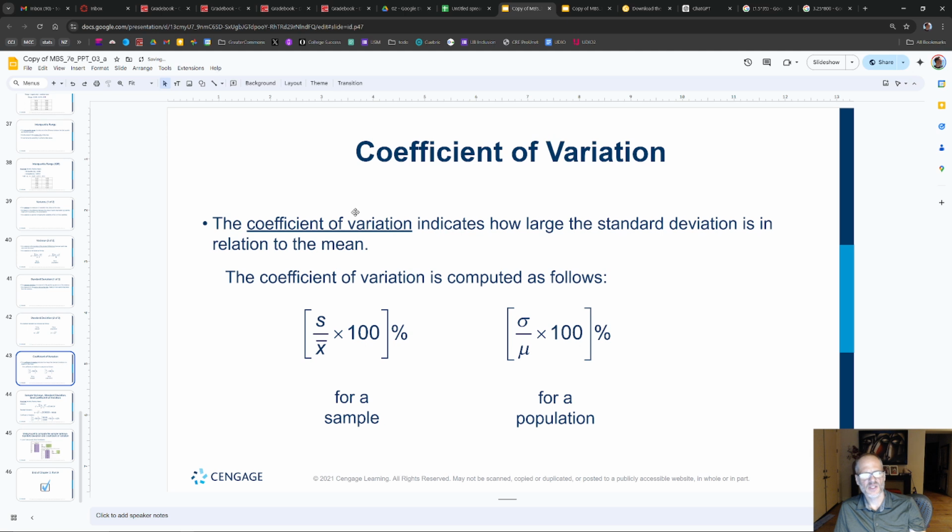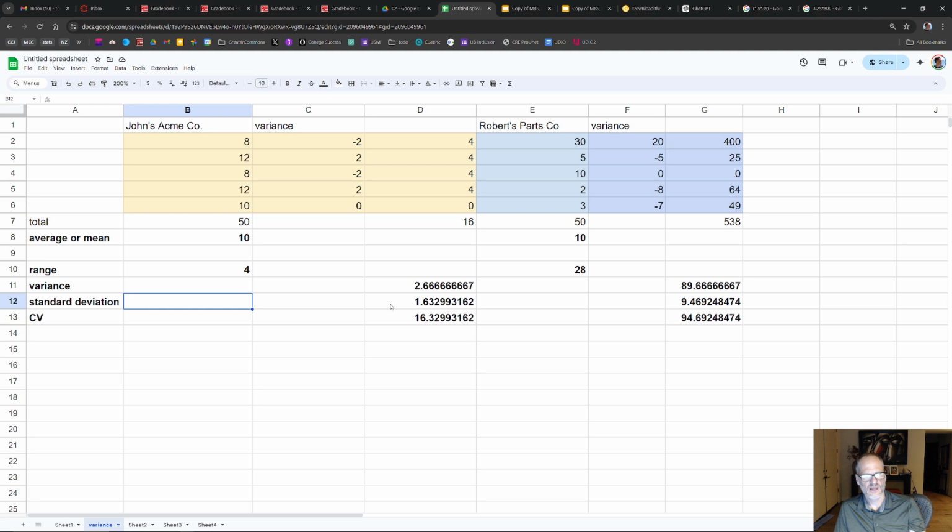And then the coefficient of variation indicates how large the standard deviation is in relation to the mean. So the coefficient of variation is computed as standard deviation over the mean. So here we have the standard deviation, and here we have the mean.